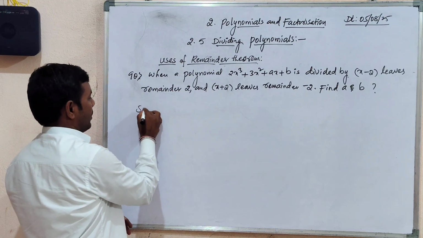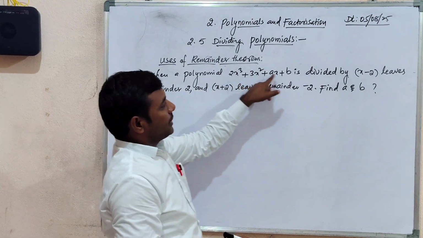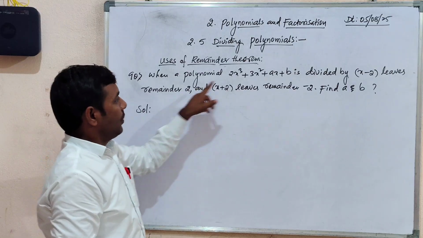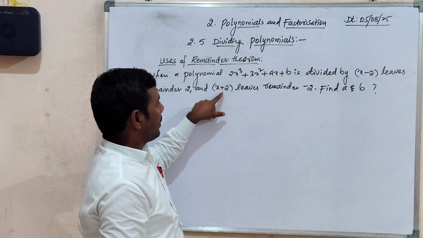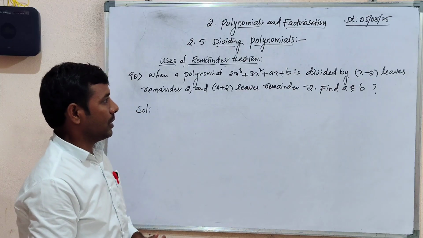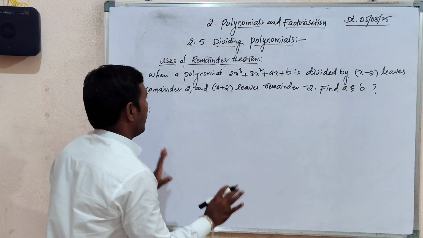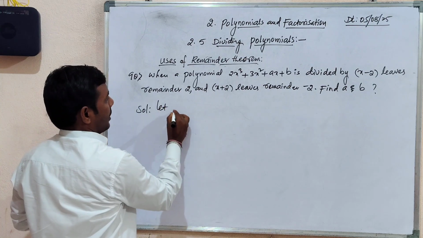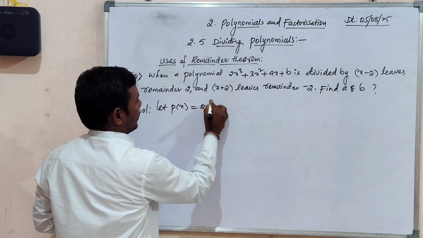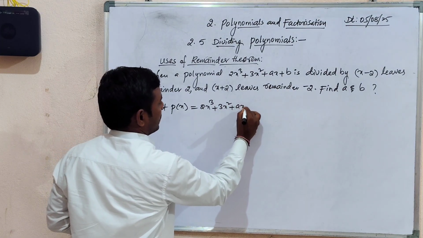Concentrate. Yes. In this polynomial, when it is divided with this, the remainder should be 2. When the same polynomial is divided with this one, the remainder is minus 2. So let us see. Ultimately our target is to find the remainder. Now let P of x is equal to 2x power 3 plus 3x square plus ax plus b.